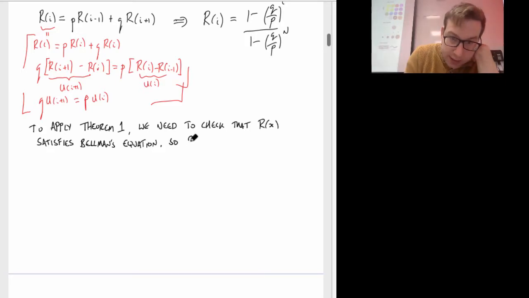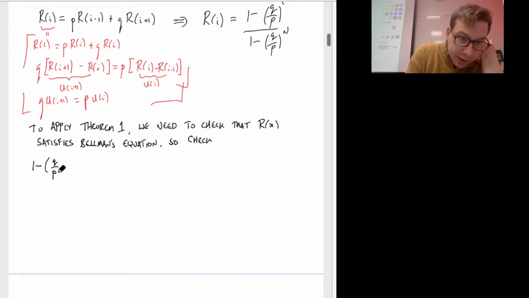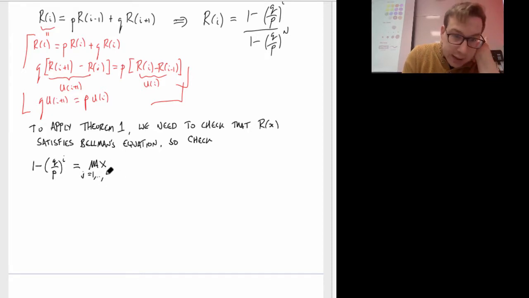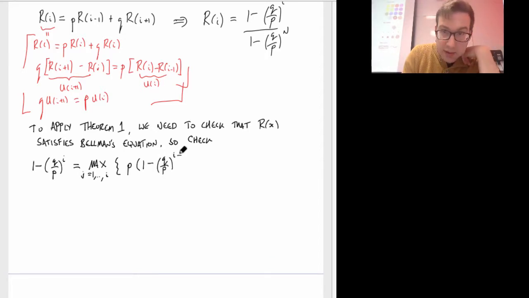So we check that 1 minus q over p to the I is equal to the max over j equal 1 to I of p times 1 minus q over p to the I plus j, plus q times 1 minus q over p to the I minus j.